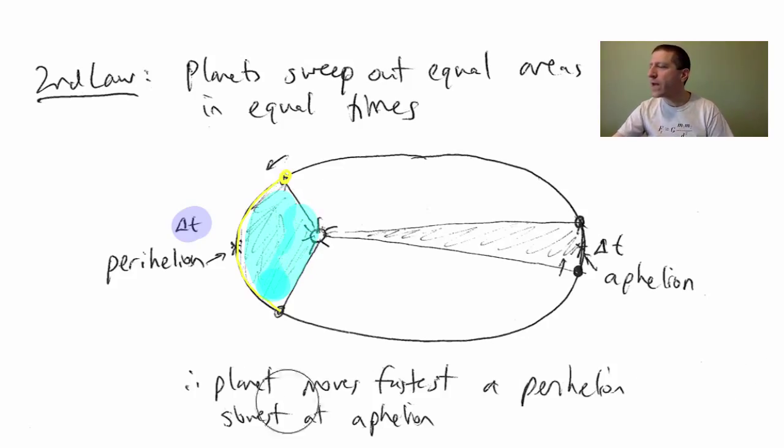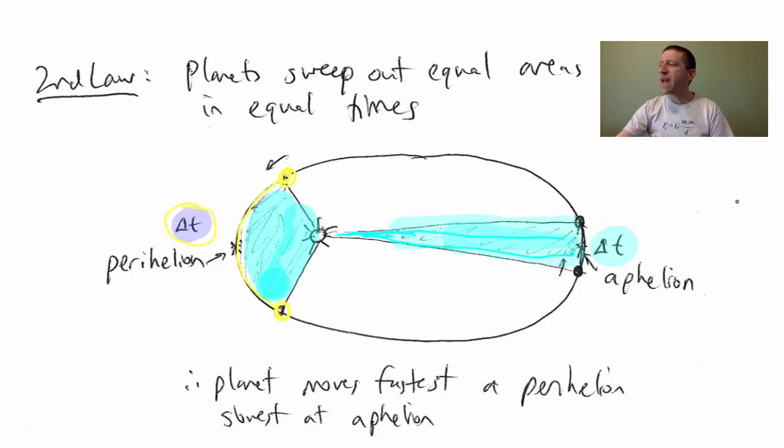In other words, if our planet goes from this spot right there to right here, we draw the arc and then the lines from the sun, and this area is the area swept out in a time delta t. In the same time delta t, at some later time, it will sweep out the same area.